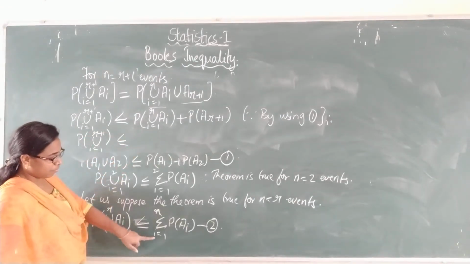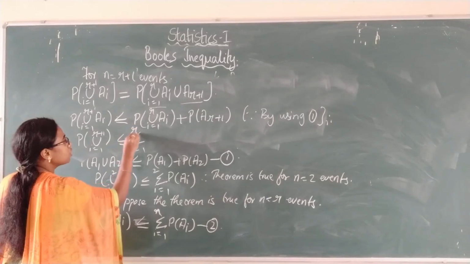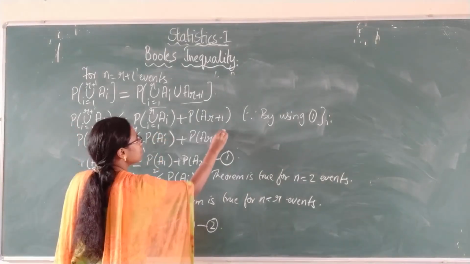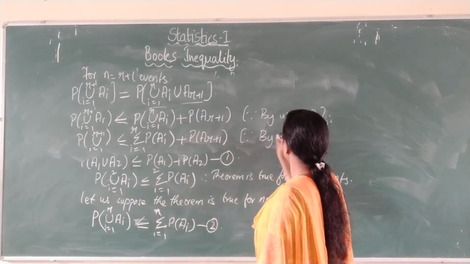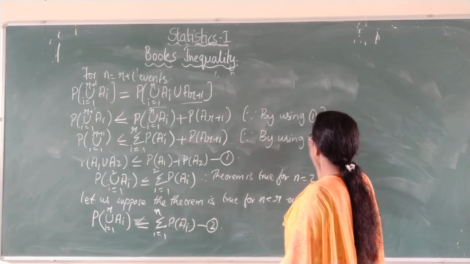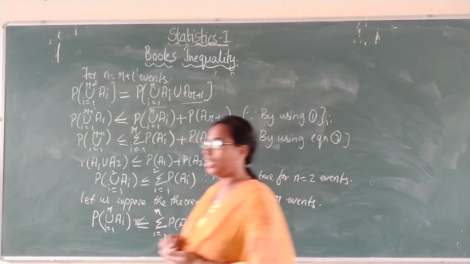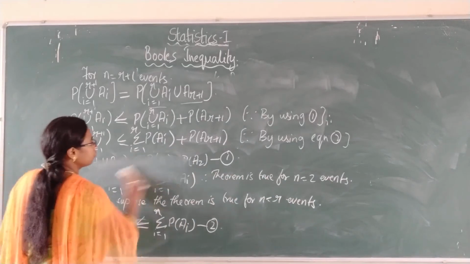From equation 2 we have summation i equals 1 to r of probability of Ai plus P of A(r+1). So this one is by using equation 2. All are similar problems, we just need to know the mathematical induction procedure.